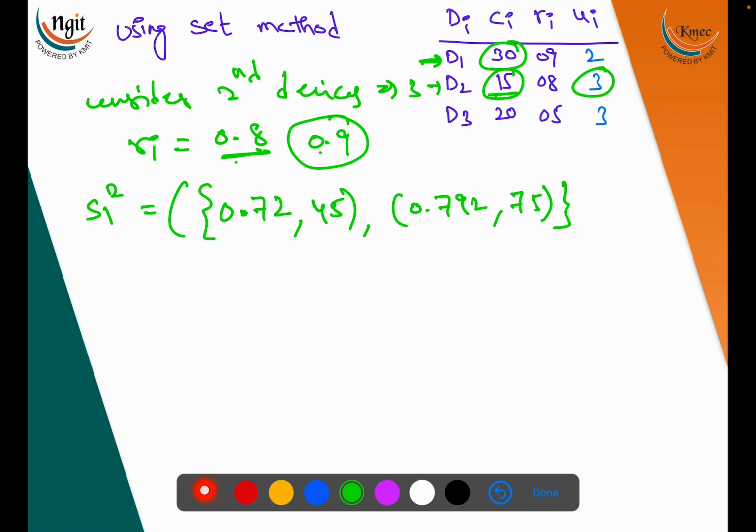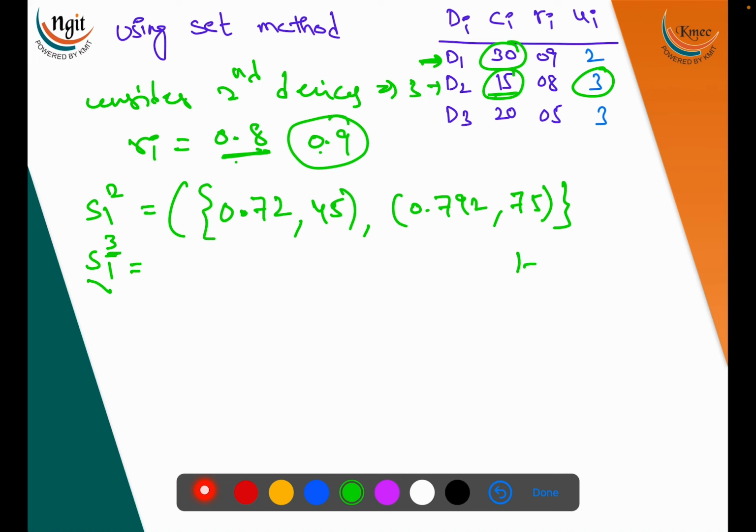Now we should also calculate S1 with the second copy, correct? For the second device, for 2 more copies you have to calculate. You should know the value of S1 with 3, that means taking the second device with 3 copies. If you want to go for it, you should know the reliability factor.